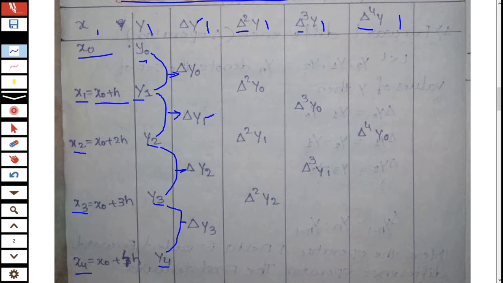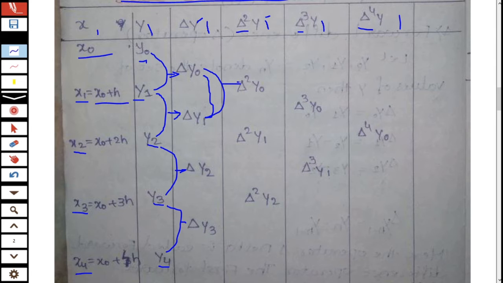Then we find the second forward difference. Delta square y0 is the difference of these two, that is delta y1 minus delta y0.